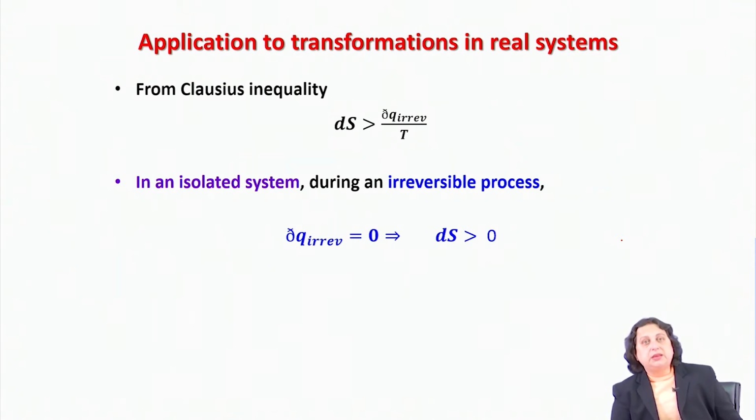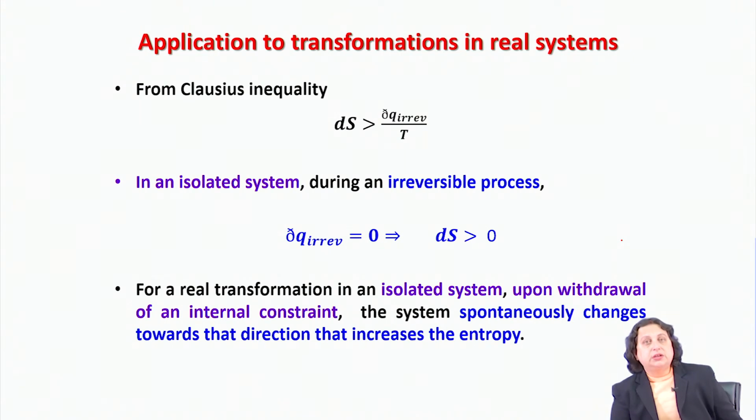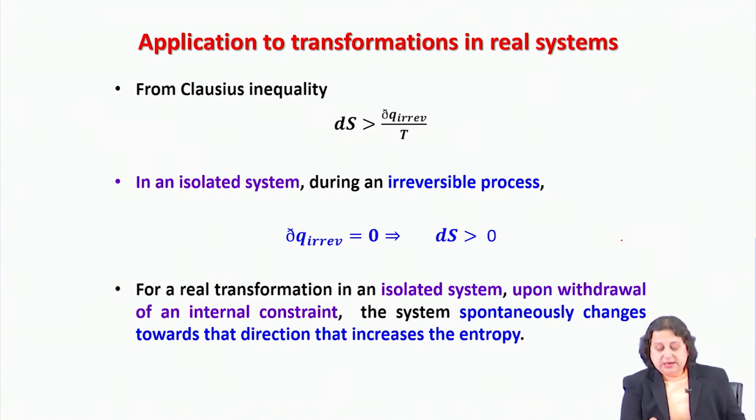This would also mean that dS is greater than 0. Therefore, we conclude that for a real transformation in an isolated system, upon withdrawal of an internal constraint, the system spontaneously changes towards that direction that increases the entropy.